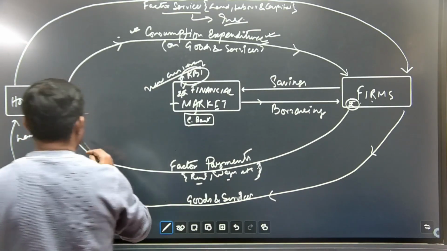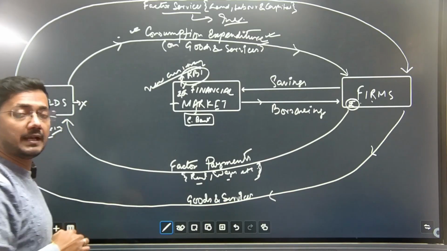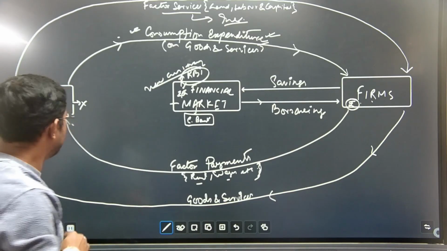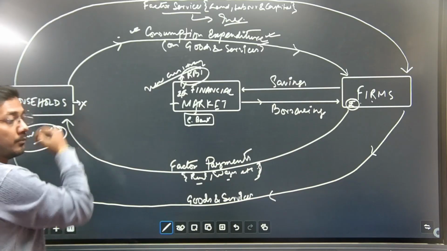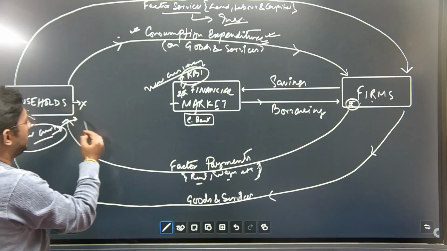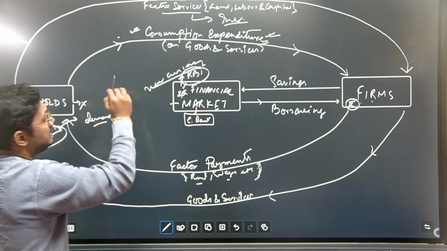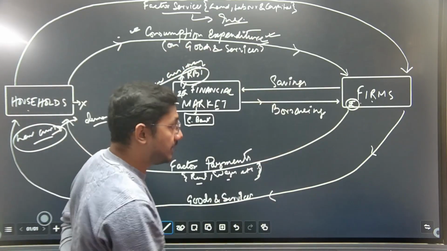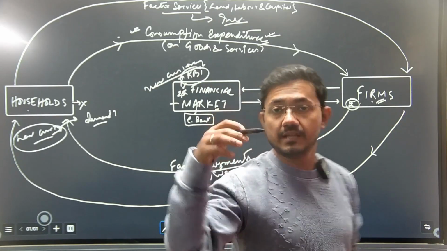Okay. Why new currency? Because the household has restricted mobilizing saving to the financial market. New currency means new money, more income flow, and hence they will do more demand now. And if there is more demand, there will be more consumption expenditure, and ultimately the firms will raise the price.